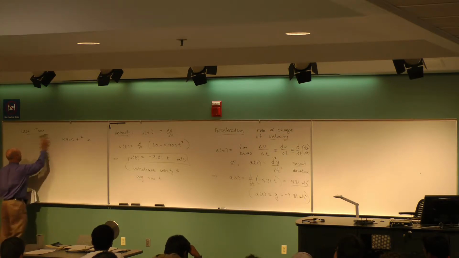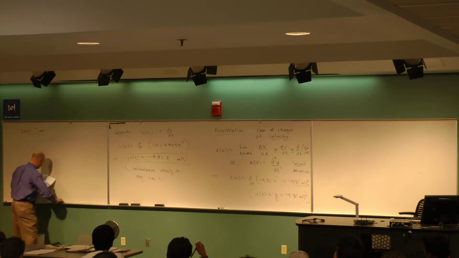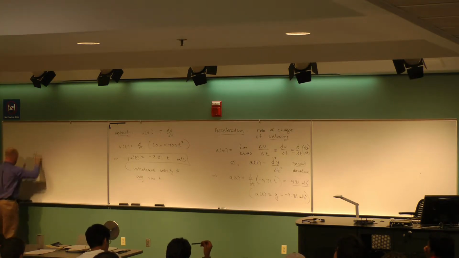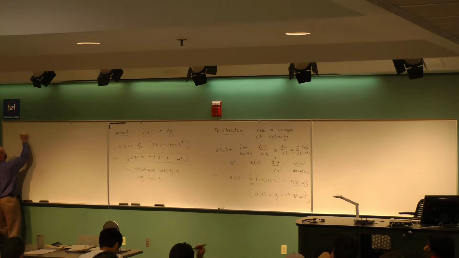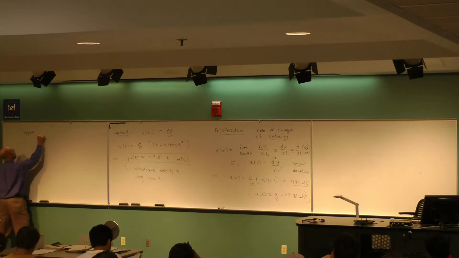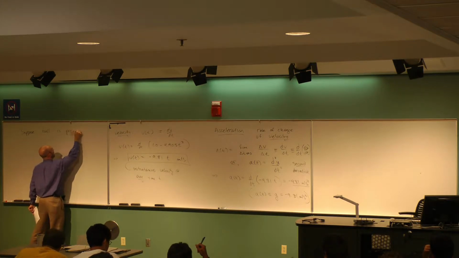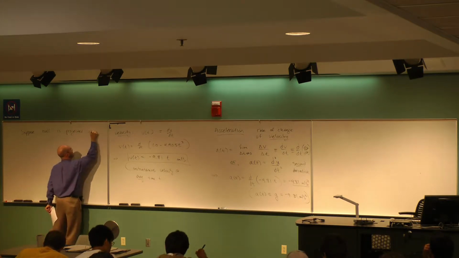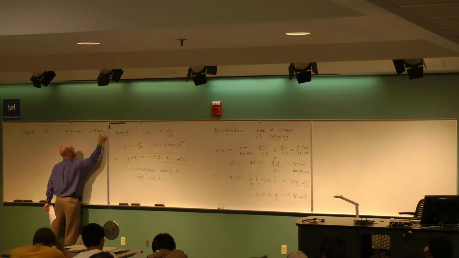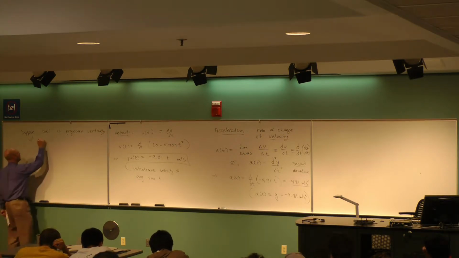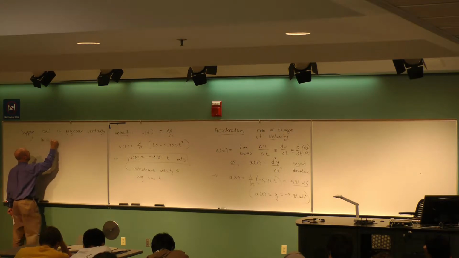And what if we now treat this as a projectile? Okay, so let's now suppose that the ball is projected vertically. Projected vertically, that means up, with, I have to say how fast I'm going, an initial velocity.